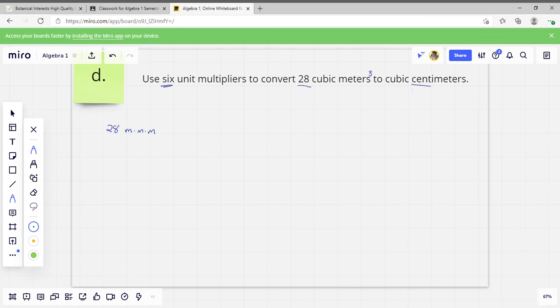Let me find my converter here. How many centimeters are in a meter? Cent means 100.